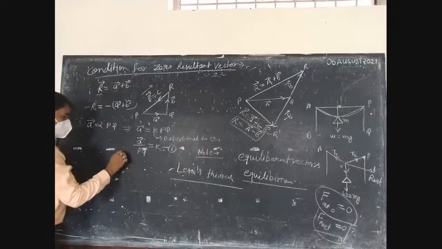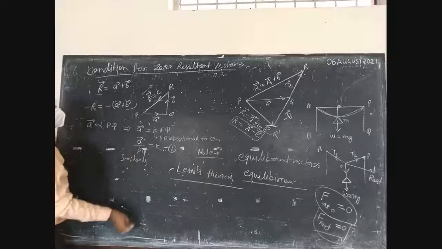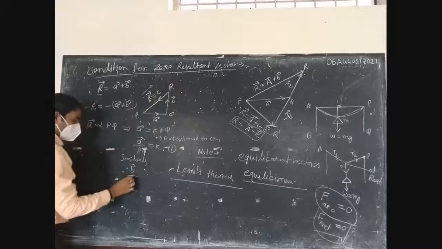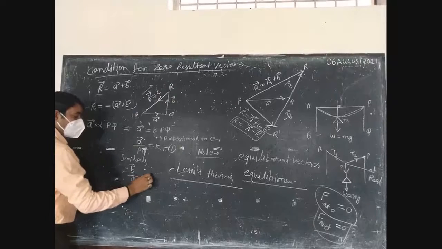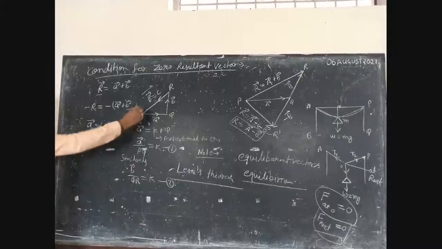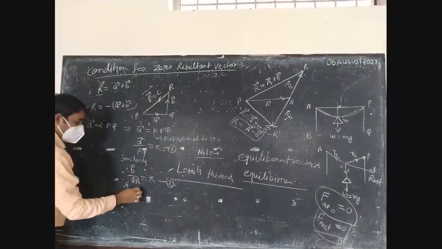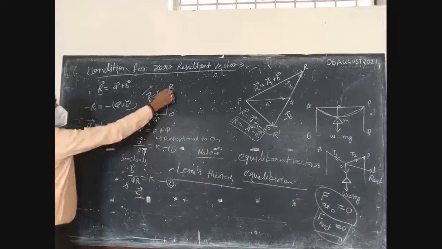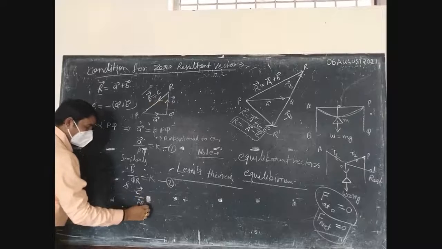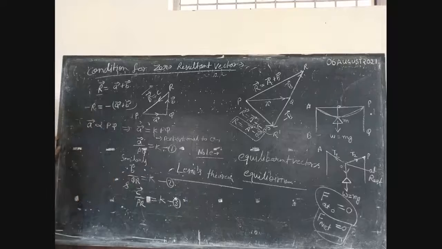Similarly, you will get that vector B upon QR is equal to K. Let's say equation 2. And vector C is RP, or either you can say PR, is equal to K. This is your equation 3.